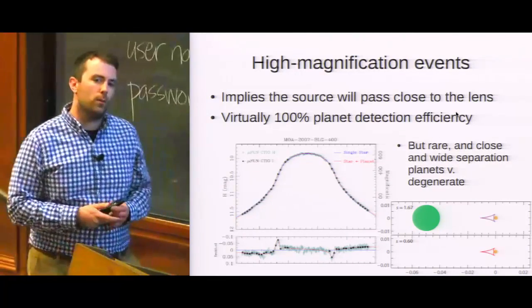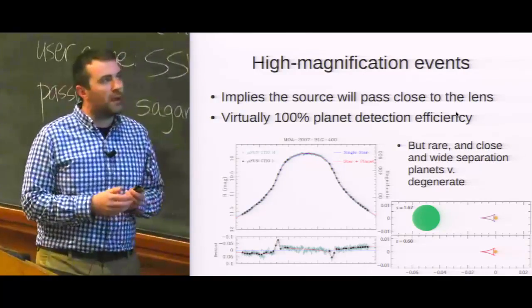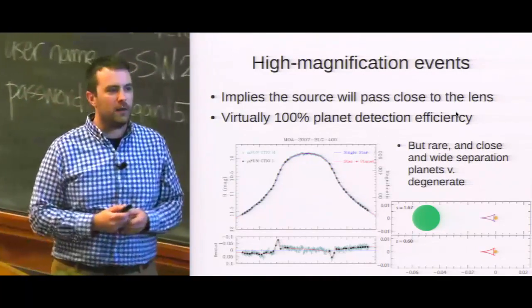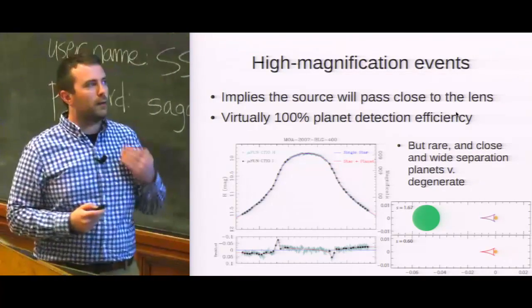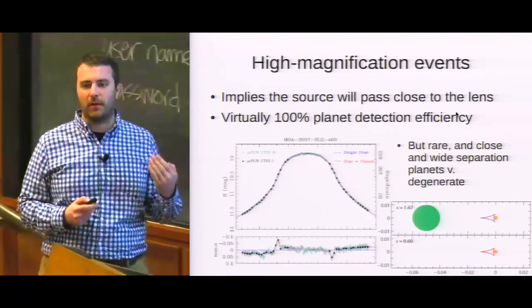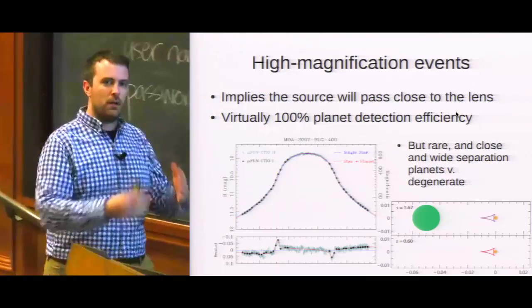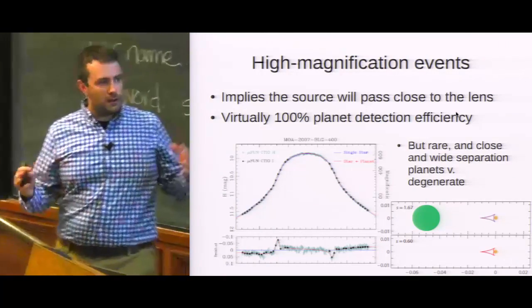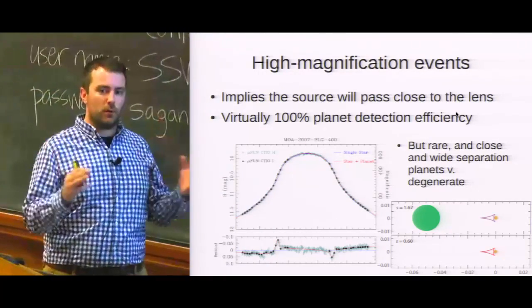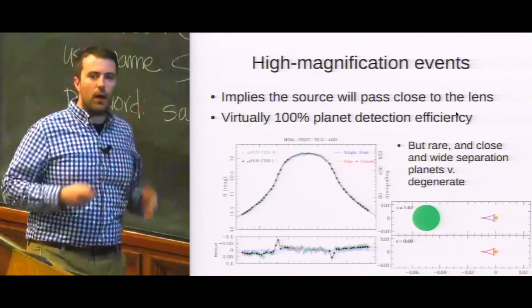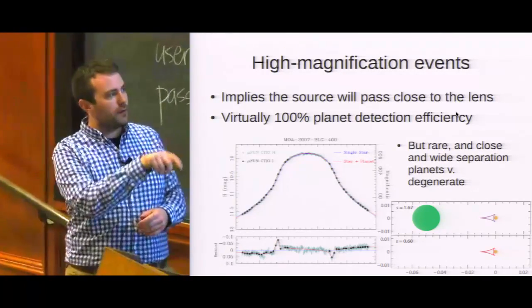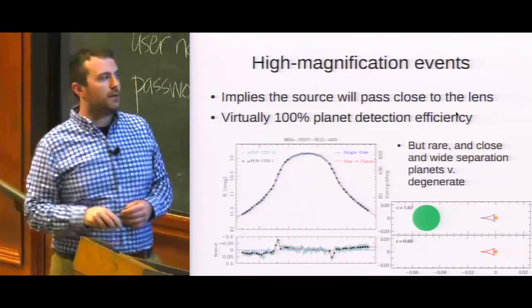And this is how the early microlensing surveys tended to operate, or at least one mode that they operated under was to search for these high magnification events and then throw a huge number of observers, usually amateurs as well, with small telescopes, at them. These get really bright, to densely cover the event and search for a planet.